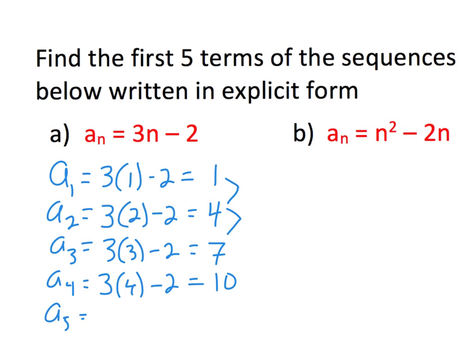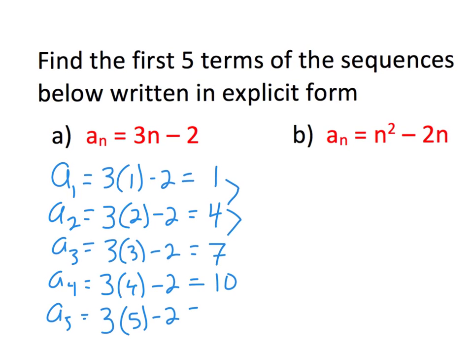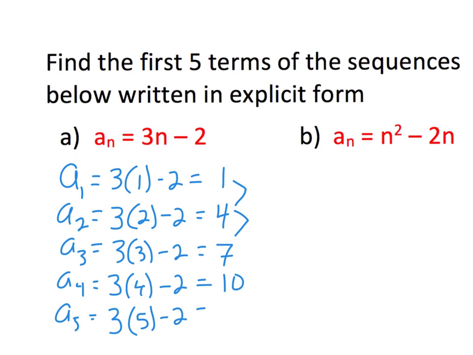If I wanted to find the 5th term, we would sub in 5 for n, and we get an answer of, looks like 15, whoops. Looks like we get 15 minus 2, which gives us 13. So the first 5 terms of the sequence would be 1, 4, 7, 10, and 13.